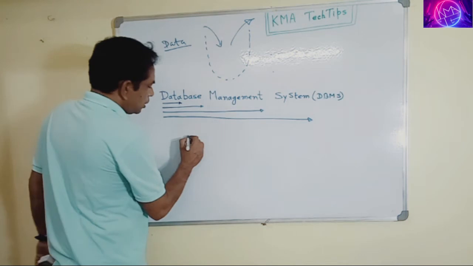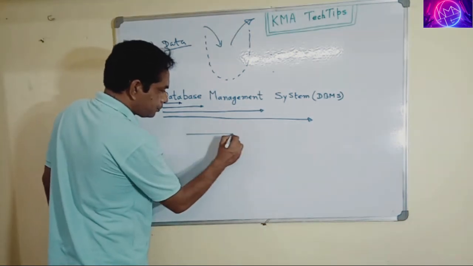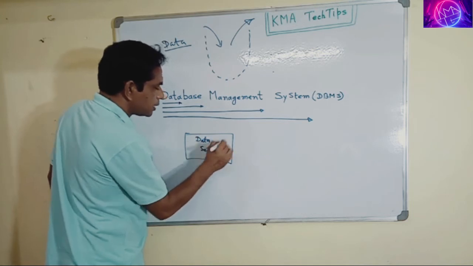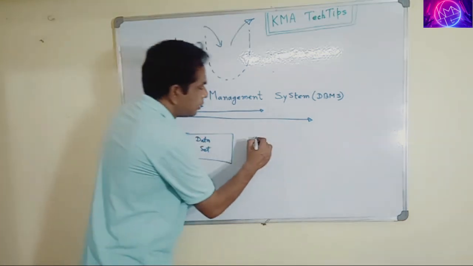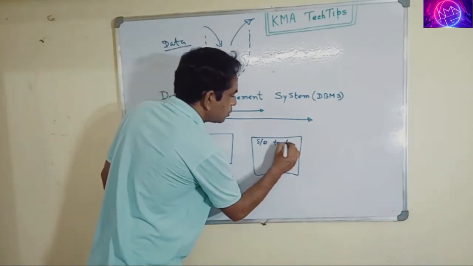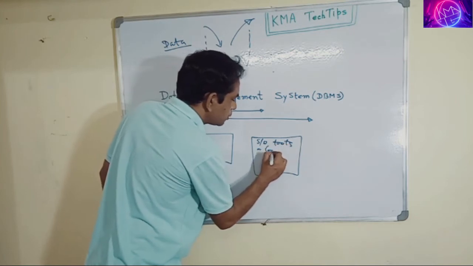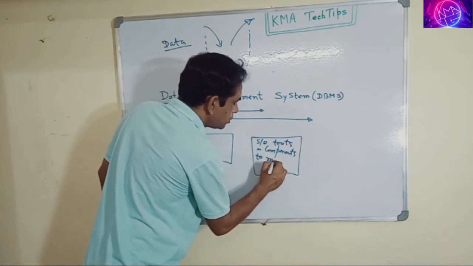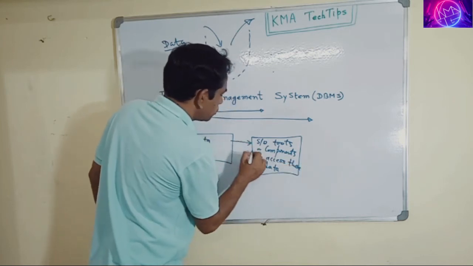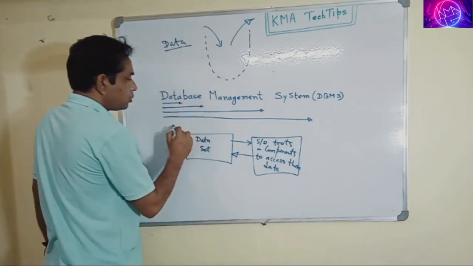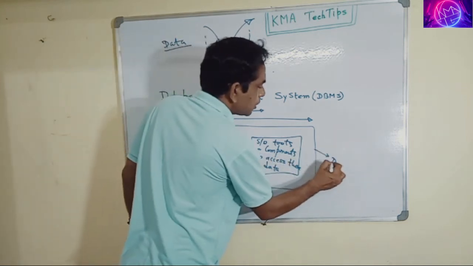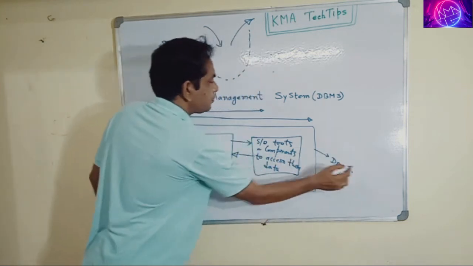And if we try to understand the block diagram of it, let us consider that this is the data set that you have stored in the database, and this is the software component, the software tools or components to manage or to access those data. Now they should be interlinked to each other. Now as a whole, you can think of this system as the database management system, DBMS.